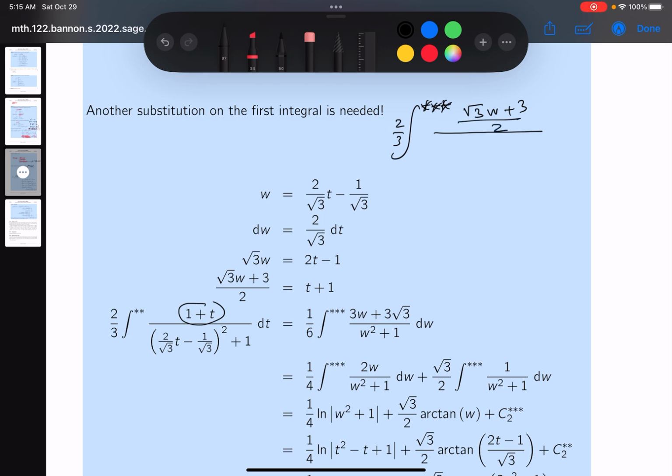I got that part covered. I have the bottom now, which is going to be w squared plus 1. And do I have the dt? I do. And that's going to be, it's right over here, by the way, √3 over 2 dw.